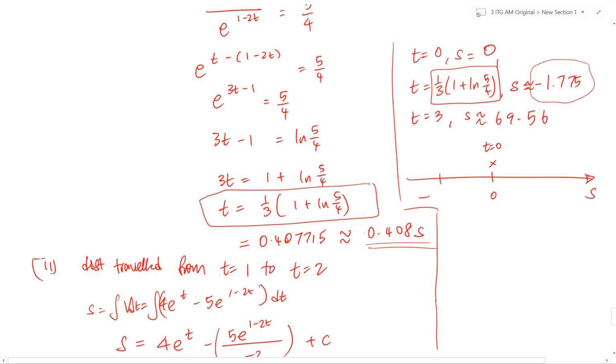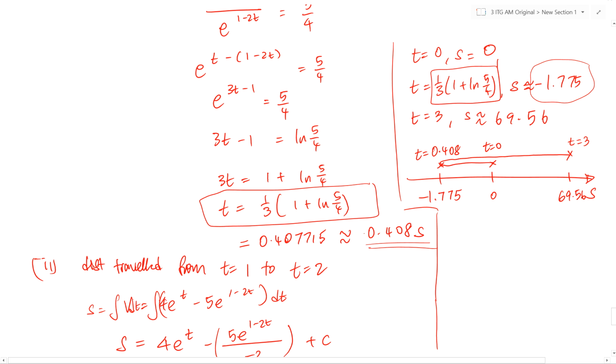Over here. Negative 1.775. And this time over here is approximately 0.408 seconds. The exact value is over here. So it traveled this way. Then it made a U-turn. By the 3rd second, it ended up over here, 69.56.